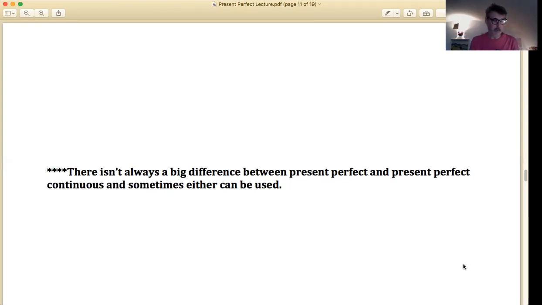If I meet someone and they ask, where do you live? I say, I live in Litoměřice. And they're like, what? I didn't know that. I thought that you lived in Rodnice. I'm like, no. I've been living there for 5 years. Or I can say, I've lived there for 5 years. The meaning's the same.